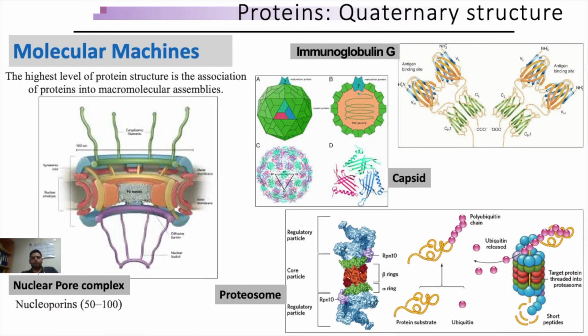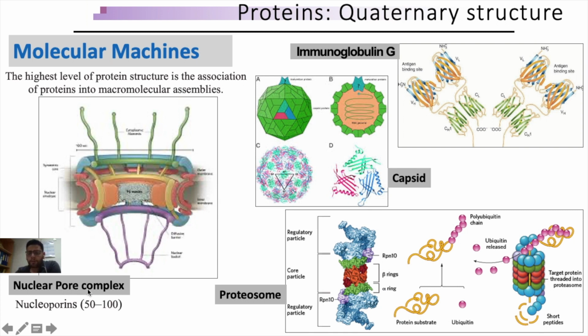Not only multimeric proteins have this level of organization; sometimes different proteins could also associate among themselves to give rise to various functions, and these are called molecular machines. This is the highest level of protein structure, the association of proteins into macromolecular assemblies. The examples are numerous.